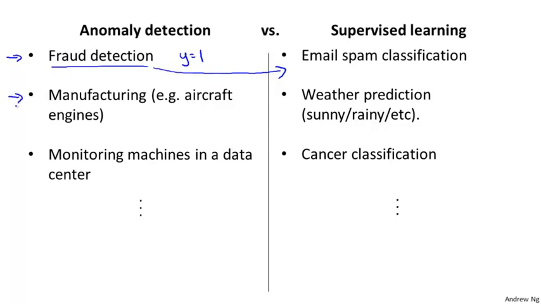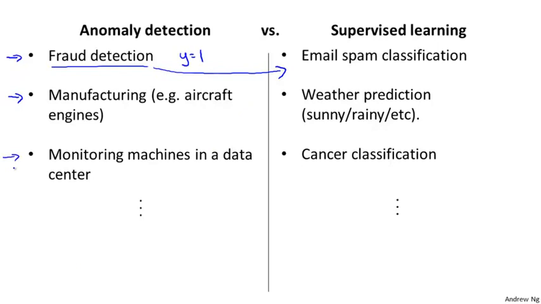Other examples, we talked about manufacturing already. Hopefully you've seen more normal examples and not that many anomalies. But again, for some manufacturing processes, if you're manufacturing very large volumes and if you've seen a lot of bad examples, maybe manufacturing could shift to the supervised learning column as well. But if you haven't seen that many bad examples of your own products, then I would use anomaly detection.